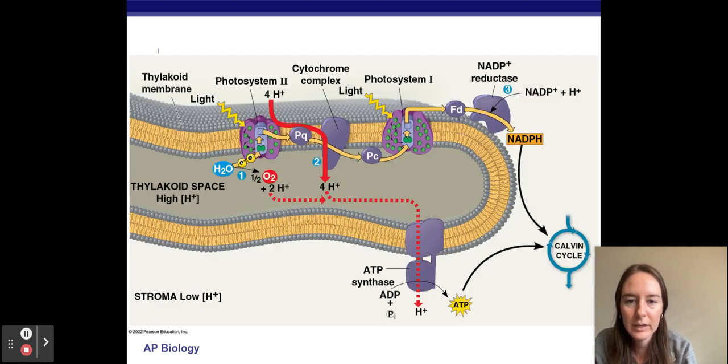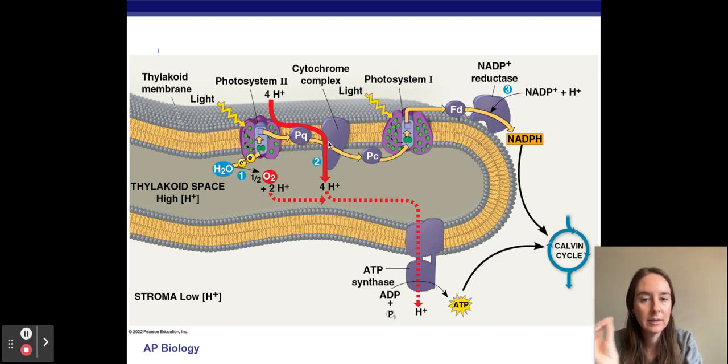Now, if we look at the picture here, we can trace the electrons through this yellow line. So notice electrons are being passed to this protein molecule. And remember from cellular respiration how electrons in an electron transport chain can supply energy to pump protons against their concentration gradient. There's a lower concentration of hydrogen in the stroma on the outside here.